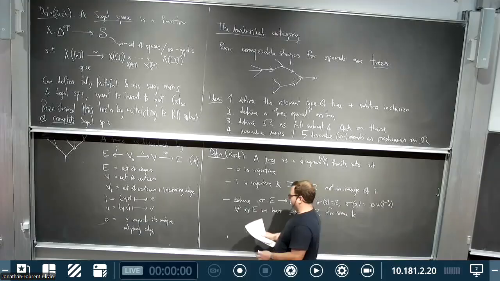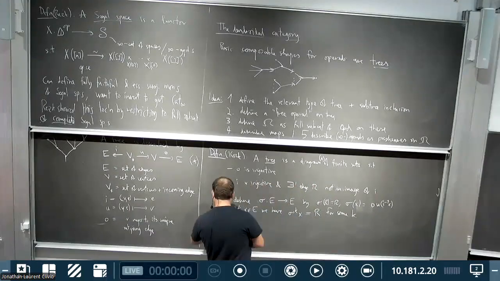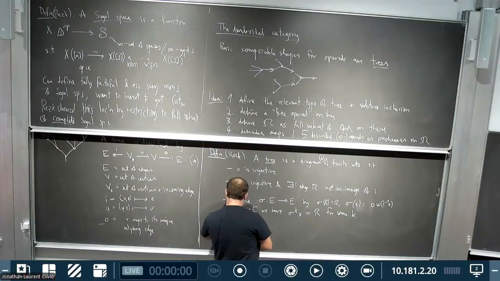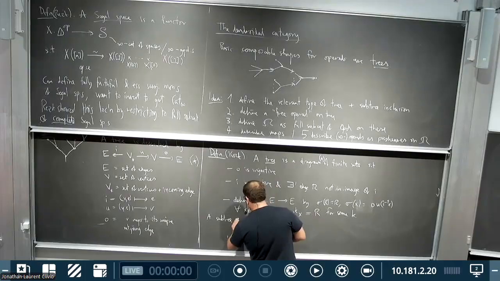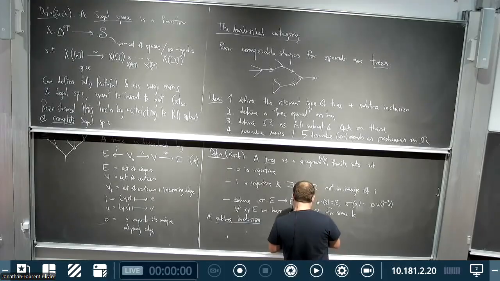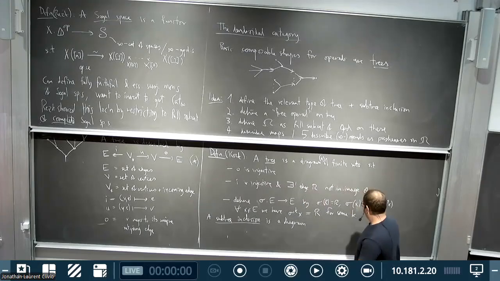Yeah, and then this notion of tree also comes with a very natural notion of morphism between trees, which is going to tell us what subtree inclusions are. That's going to be the diagram.